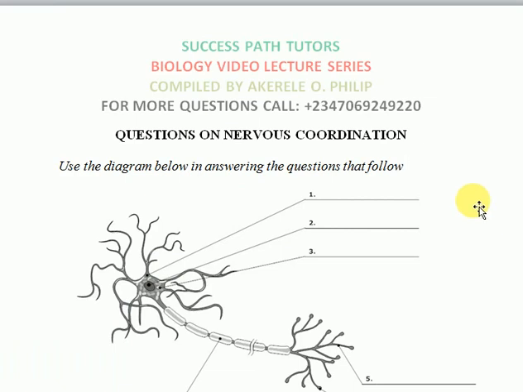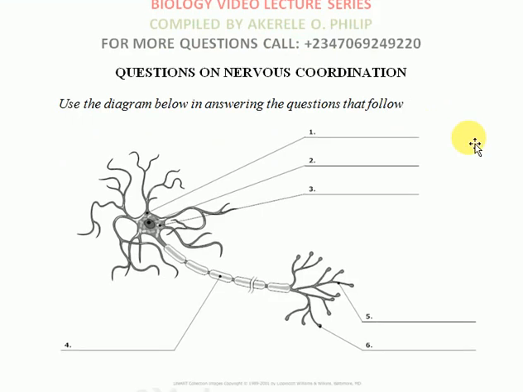Use the diagram below to answer the questions that follow, and this is the diagram of a neuron, which is the basic structural and functional unit of the nervous system. So let's label those parts. One points to this edge here, and that's the dendron of the neuron.